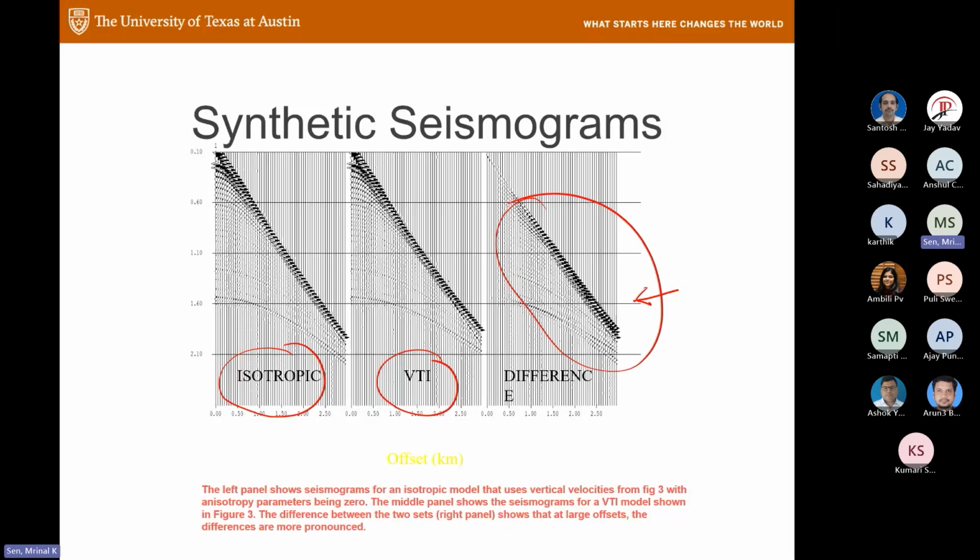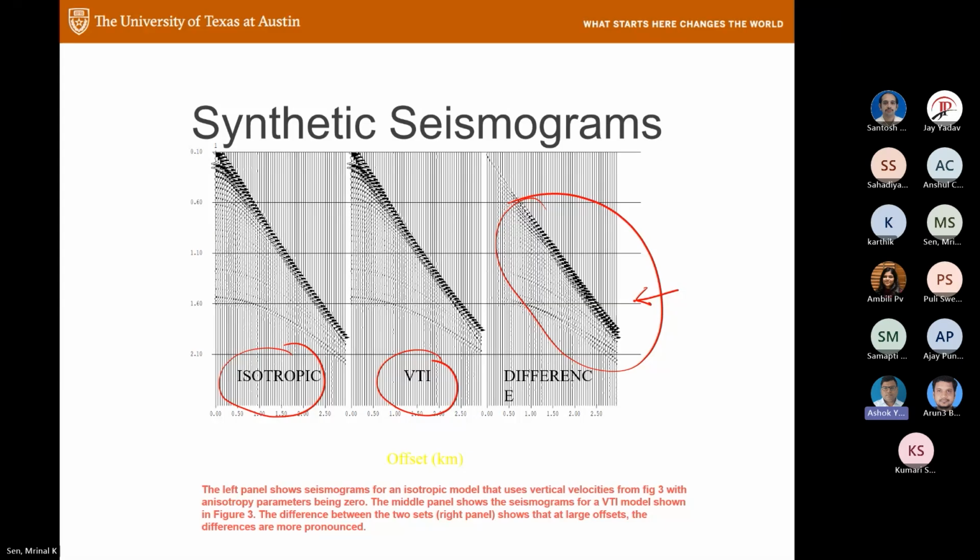So the travel time is not going to match at high angle or large offset, and also the amplitude is going to be different as you go to higher offsets. Okay, so the effect of anisotropy, depending on how strong the anisotropy is, you can start to see those right from the intermediate offset range to the large offset range.